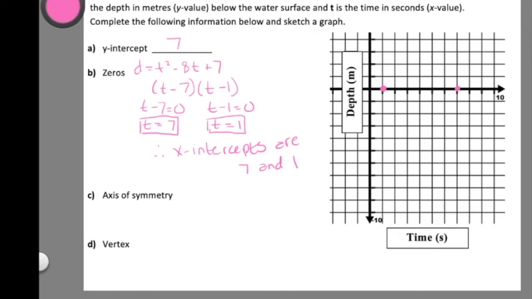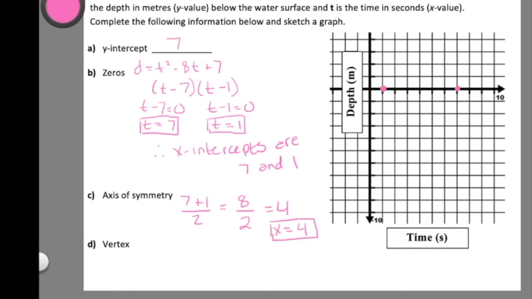To find that, I take my two x-intercepts, 7 and 1, so 7 plus 1, and divide by 2. That gives me what's exactly in the center. 7 plus 1 is 8, divided by 2 is 4. So my axis of symmetry is at positive 4. We write it like this: x equals 4. That's our axis of symmetry, right through the center of the parabola.